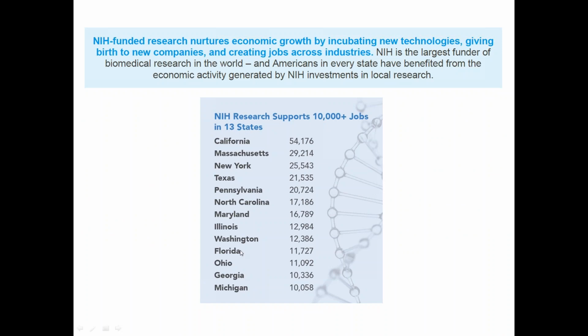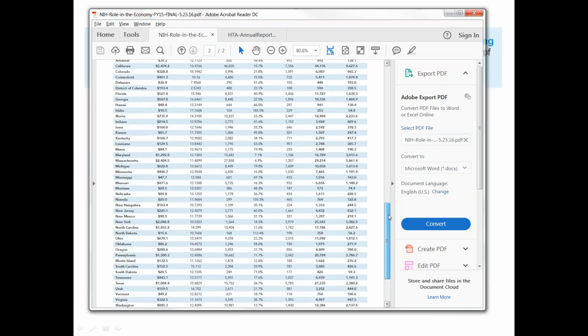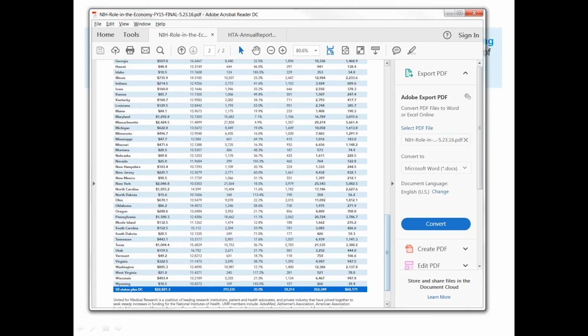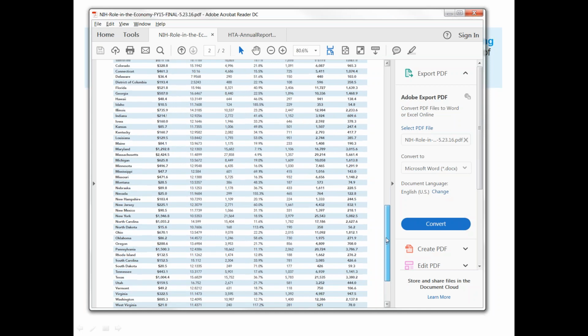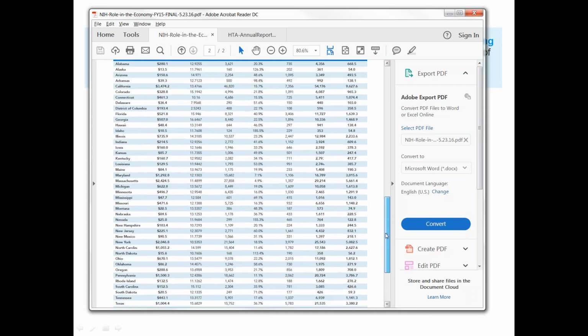Other states are listed here. I'm in Illinois, and that's 12,000. There's a document I could pull up on another screen that shows all 50 states. So if your favorite state is on here, I know Dr. S is on the phone, Tennessee has almost 7,000 jobs listed there.